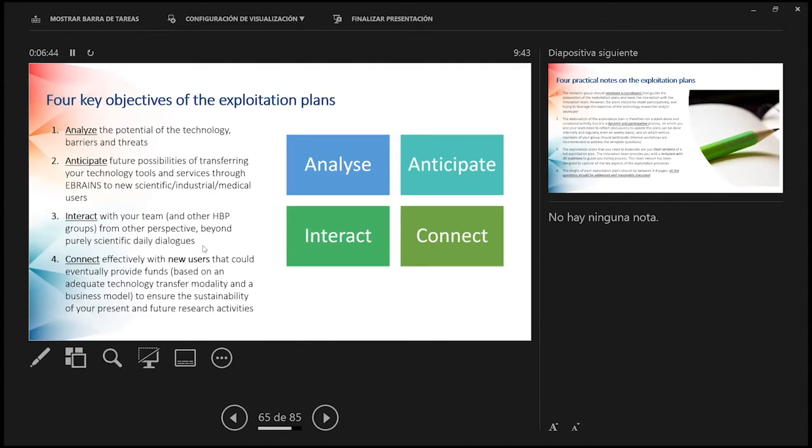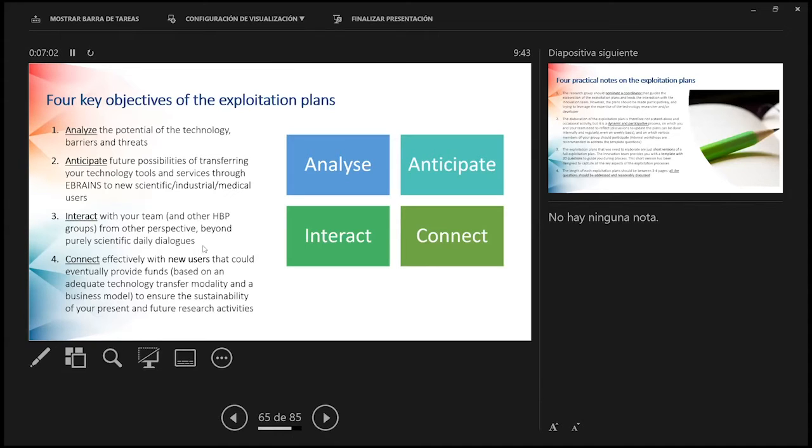Third objective is to interact with the team and with other HBP groups from a perspective that is different than the one that you usually have.